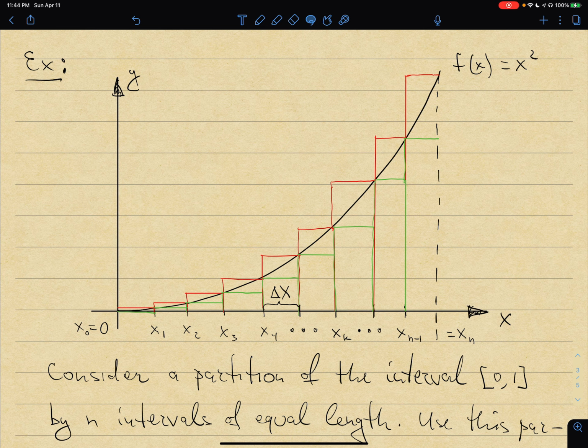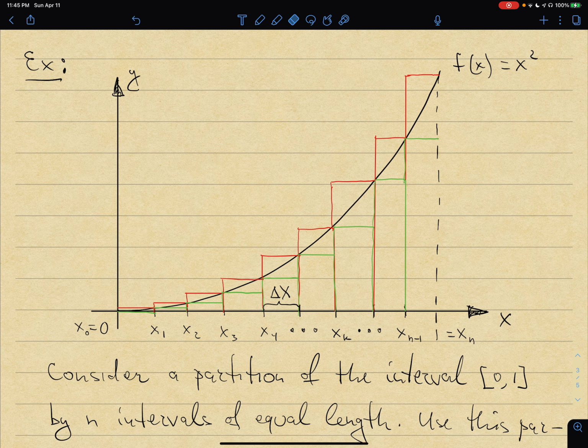Now, why is it the largest? If, for example, we're looking at this rectangle in this particular interval, then clearly it makes no sense to approximate the area under the graph by a rectangle which, for instance, is going to have this height, right? Because it's beyond the range of the function on this interval.